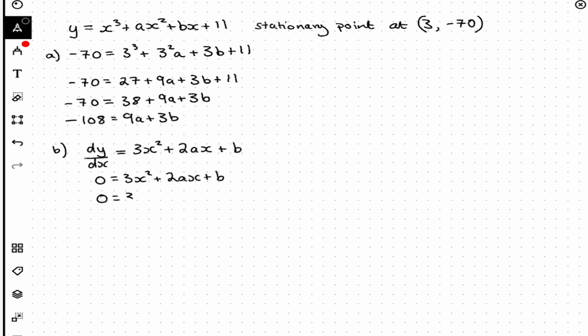So substituting in 3 here for x, we end up with this, which if we simplify, we get 27 plus 6a plus b, and we end up with another equation involving a and b. So that's part B.